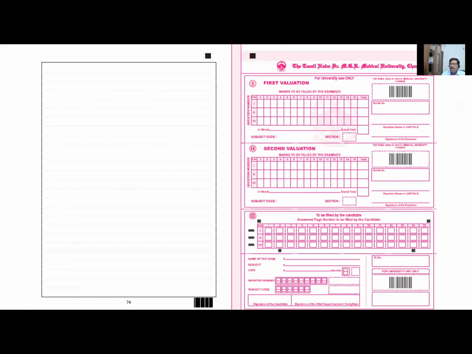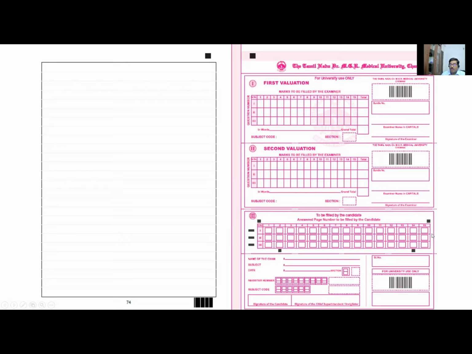This is your typical university answer sheet, where there will be space for the first evaluation, second evaluation, and some spaces to be filled by the candidates. This is where you fill in the page numbers for the first section, questions 1 and 2, which will be your essays. The second section will be your short notes 1 to 10.